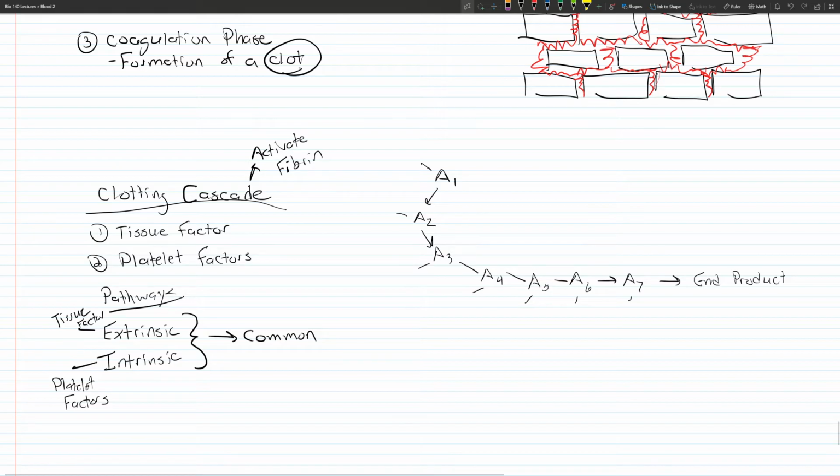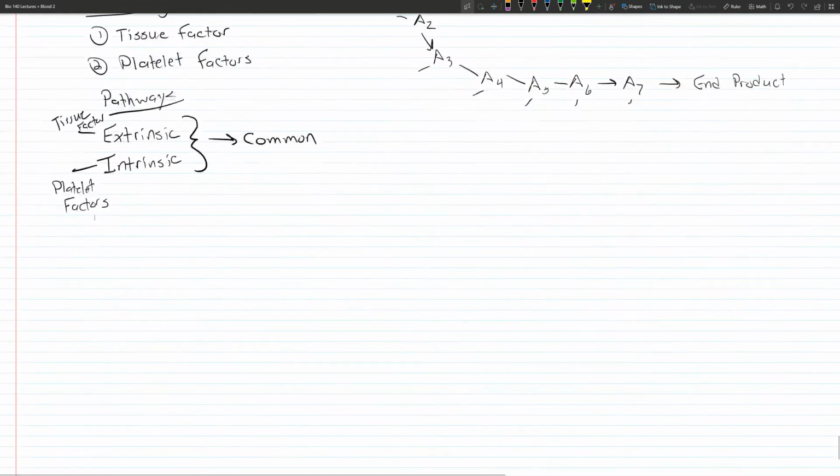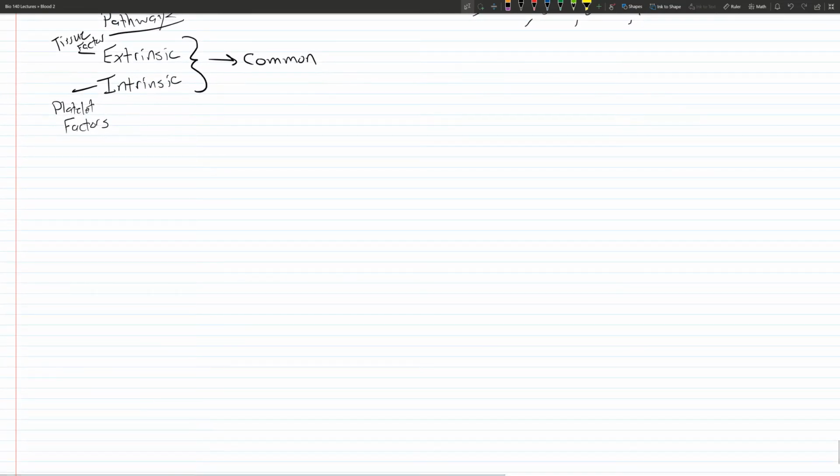Here's how it actually works, and this is the best way I've ever seen it done. This is how I was taught it in medical school, and this is the way I'm going to teach it to you. All of the factors are labeled via Roman numerals: 1, 2, 3, 4, 5, 6, 7, 8, 9, 10, 11, 12, and 13. I don't want you to remember them all. It's not important.